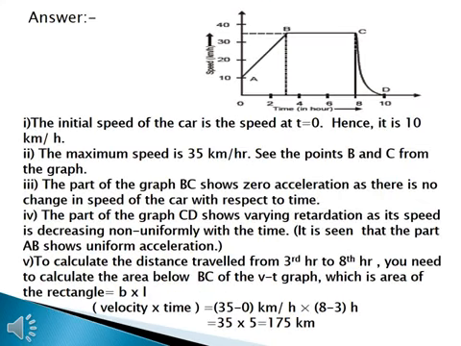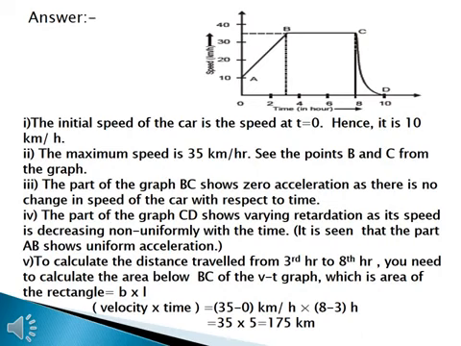The first part of the question is to find the initial speed of the car. What is the initial speed? It is the speed when time t is equal to 0 hour. Here 10 km per hour is the initial speed of the car, which is shown by the starting point A of the graph.